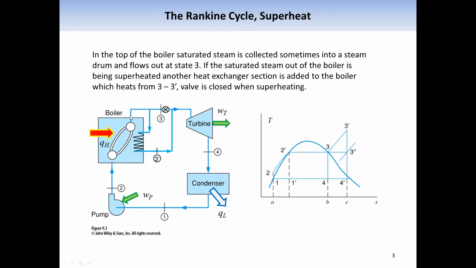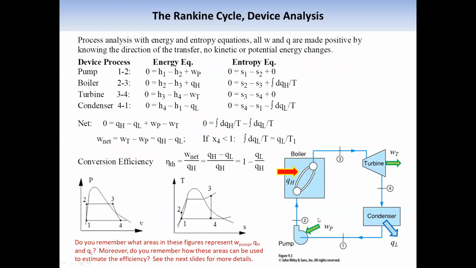Normally the steam comes out of the boiler as saturated steam, and we can route the steam back into the boiler to absorb additional heat. So 3', the steam that comes out will be superheated steam, 3'. So this is one type of variant of the problem.